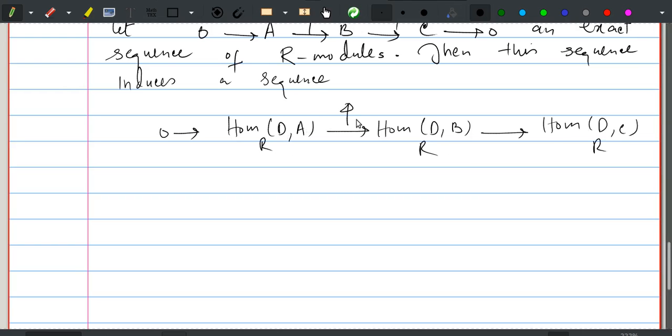So this is map phi star, this is psi star. So we have to prove this sequence induces this sequence.